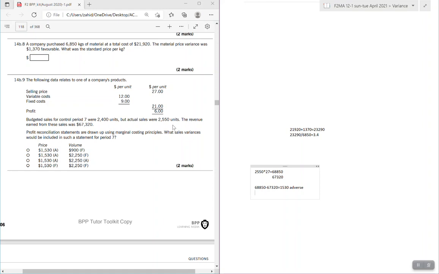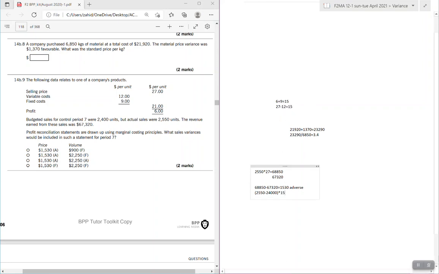Next, volume variance. Budgeted units were 2,400, but we sold more. So more sold is favorable. Just take 2,550 minus 2,400 budgeted, we have favorable, multiply by, because we're using marginal, we will multiply by contribution. Contribution is profit plus fixed cost, which is 6 plus 9, or 27 minus variable cost, which gives you exactly the same thing.